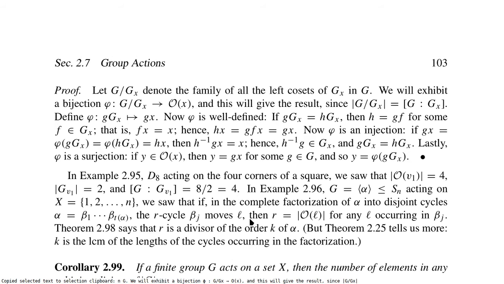This is well defined because if two cosets are the same, G times the stabilizer is equal to H times the stabilizer, then H can be written as G times something from the stabilizer G_x, for some f, because f of x is equal to x. So hx is just going to be gx, right?